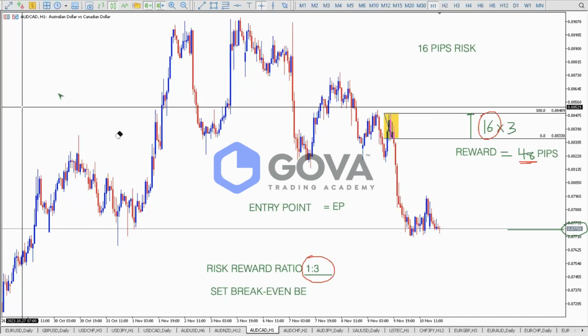Now what is the meaning of SL? Some of you might still ask this simple question. Stop loss means SL. Stop loss means the risk you are taking. Whenever market price comes back into that stop loss, you are no longer willing to take any risk other than that area.